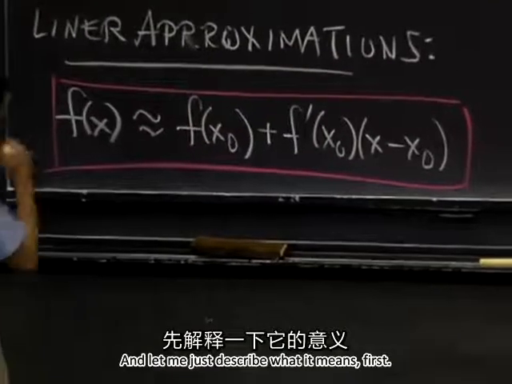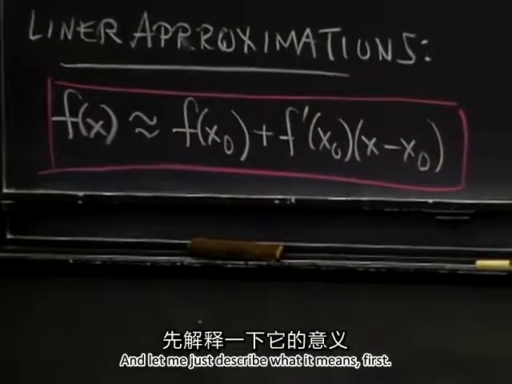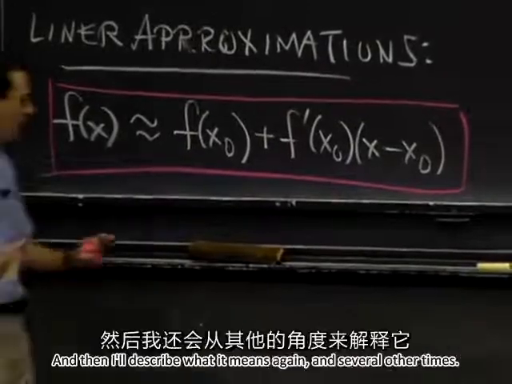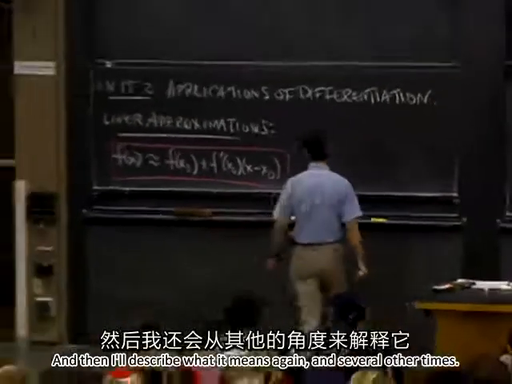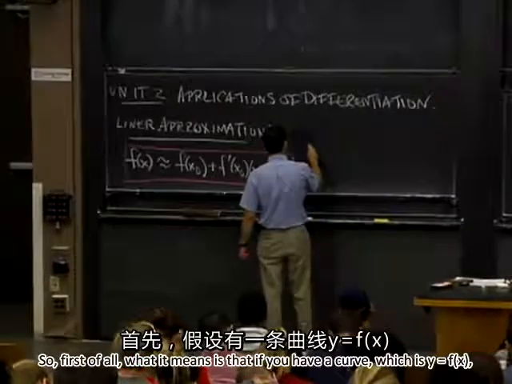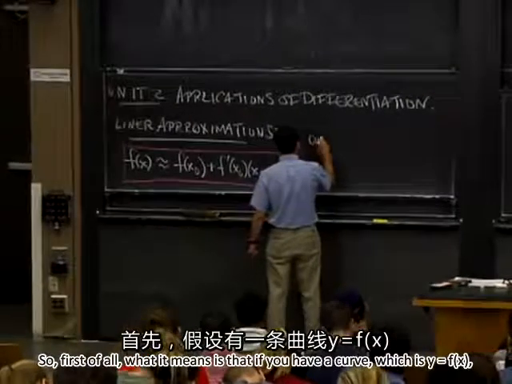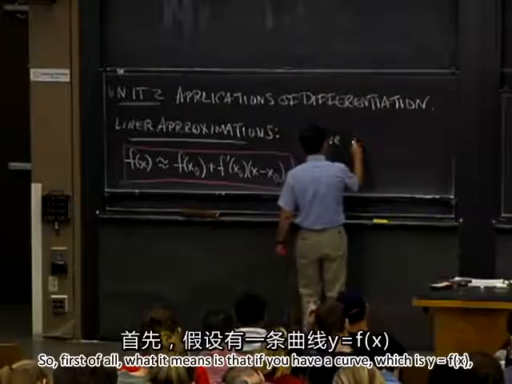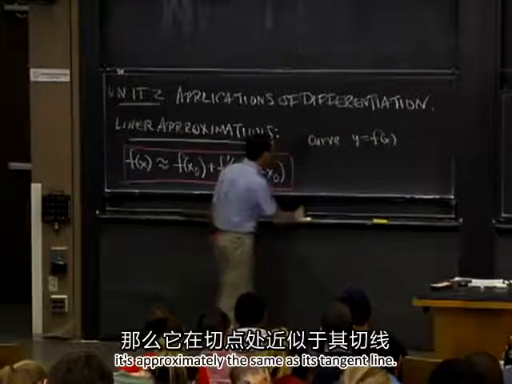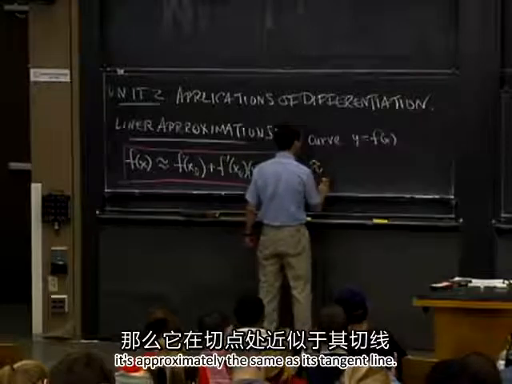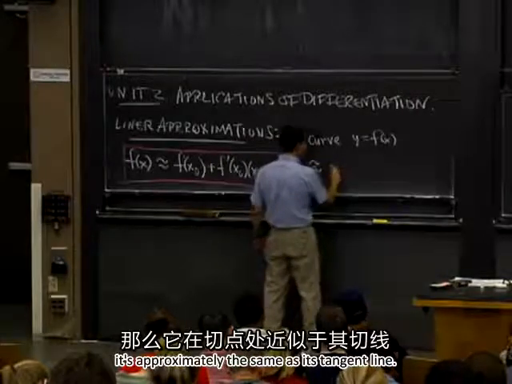And let me just describe what it means first, and then I'll describe what it means again and several other times. So first of all, what it means is that if you have a curve, which is y equals f of x, it's approximately the same as its tangent line.